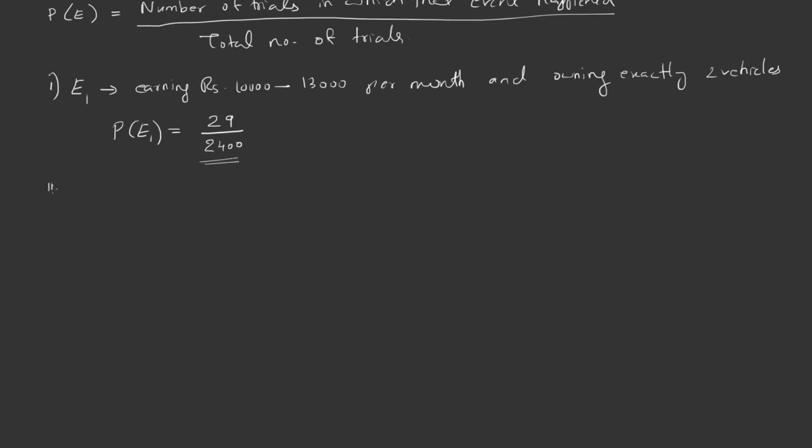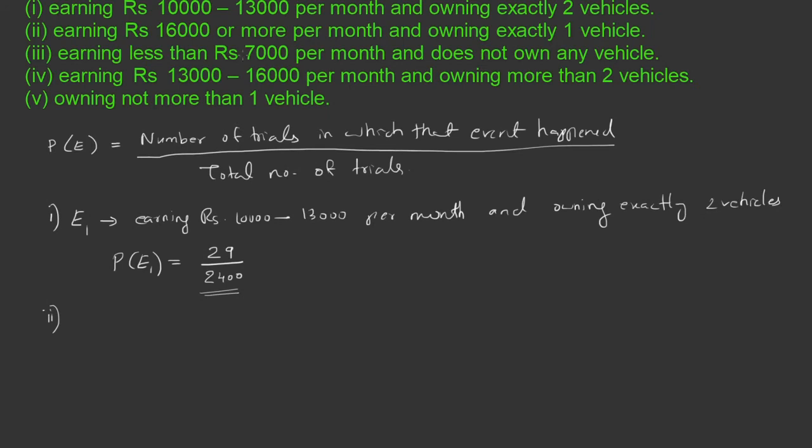Question number 2. Earning rupees 16,000 or more per month and owning exactly 1 vehicle. So, I am taking this event E2 as earning rupees 16,000 or more per month and owning exactly 1 vehicle.